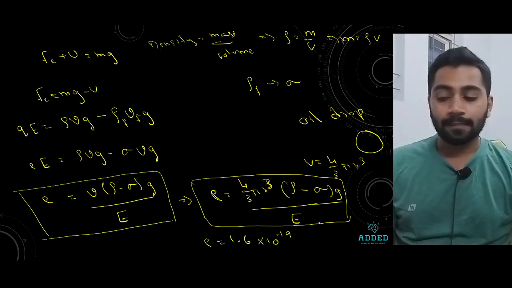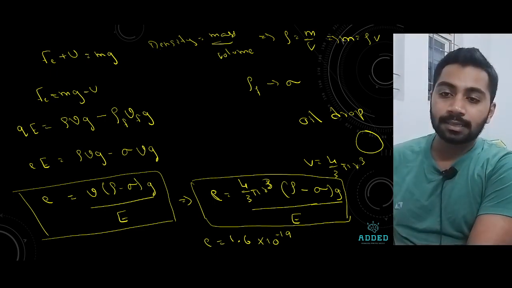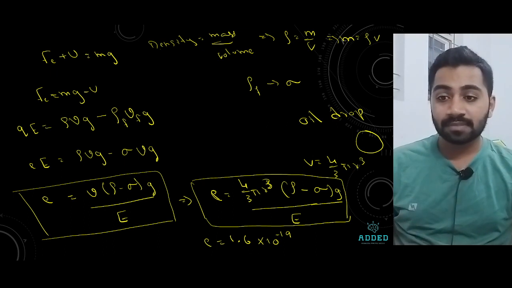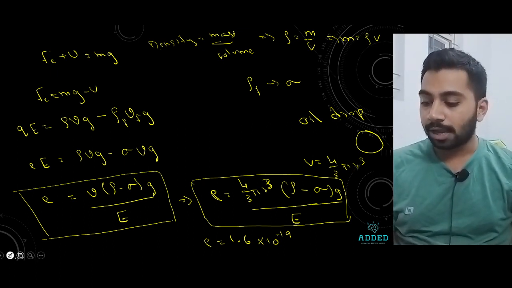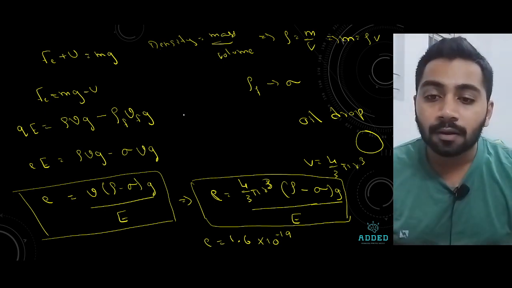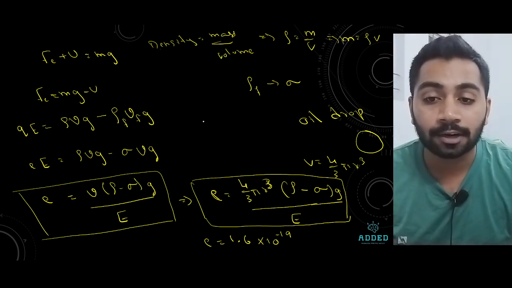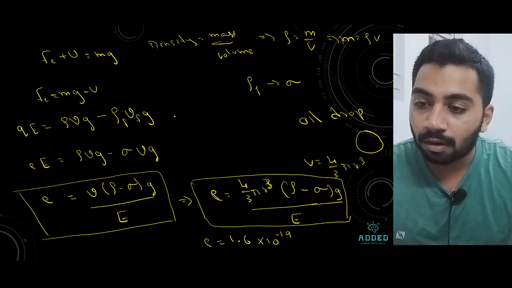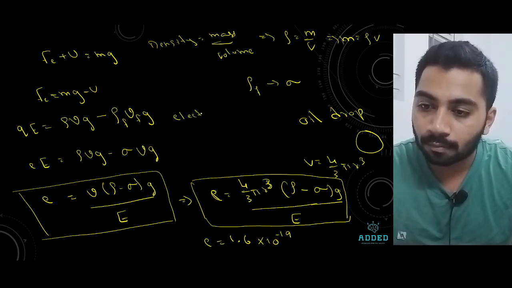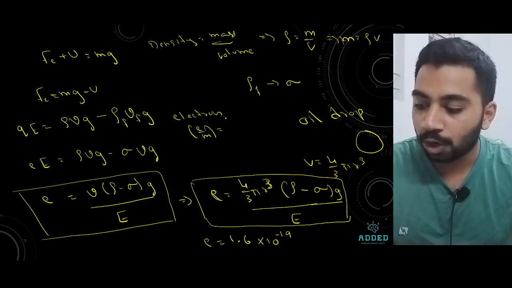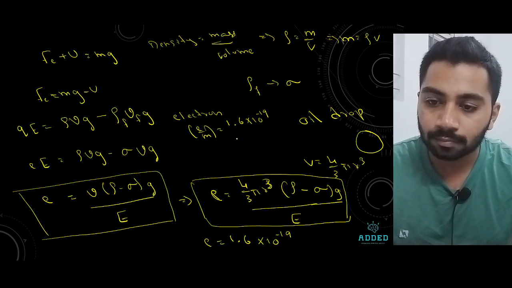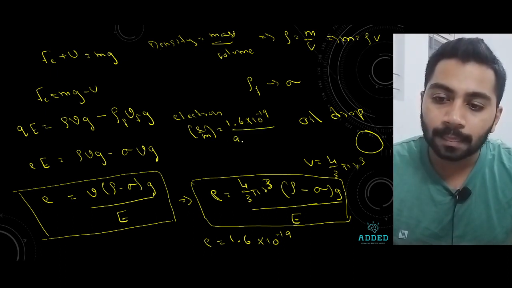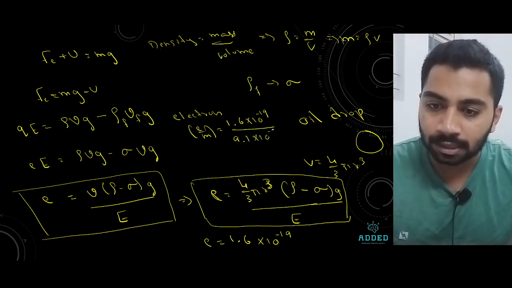Okay, fine. Now let us know something extra. For electrons and for protons, see, for electrons, e by m is equal to 1.6 into 10 to the power of minus 19 divided by 9.1 into 10 to the power of minus 31.